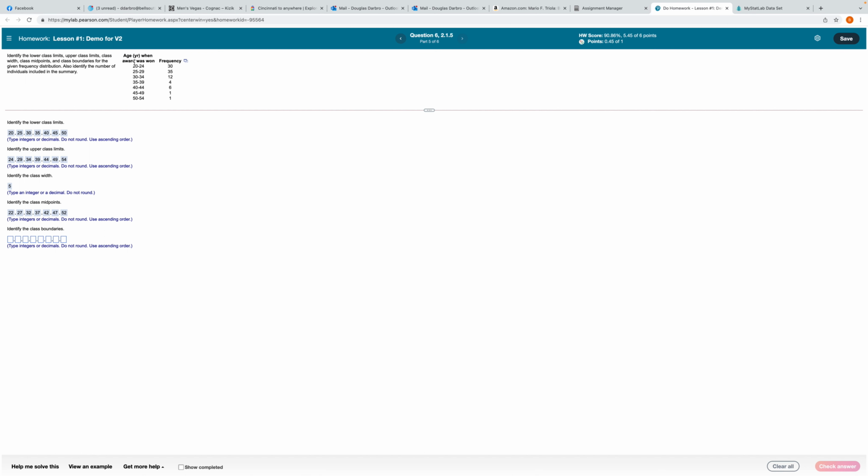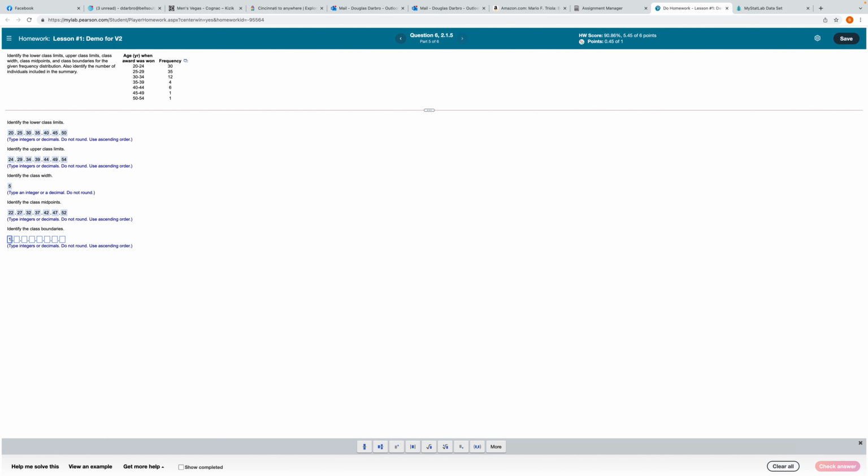So applying that logic, we would have 0.5 below the 20, which would be 19.5. And then separating the first bin and the second bin would be 24.5.